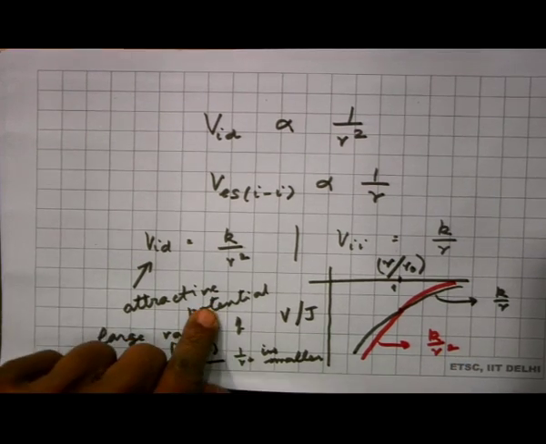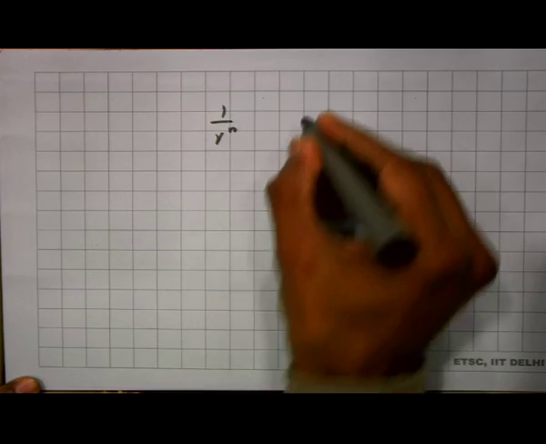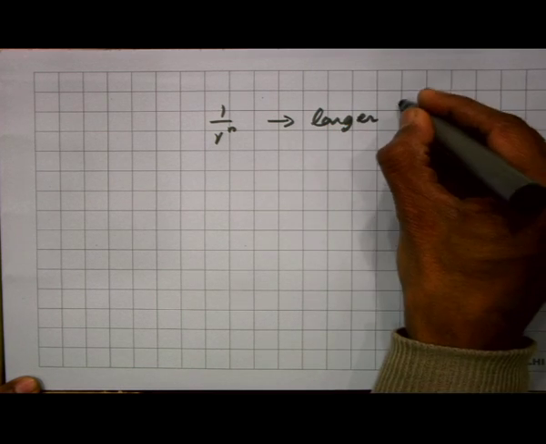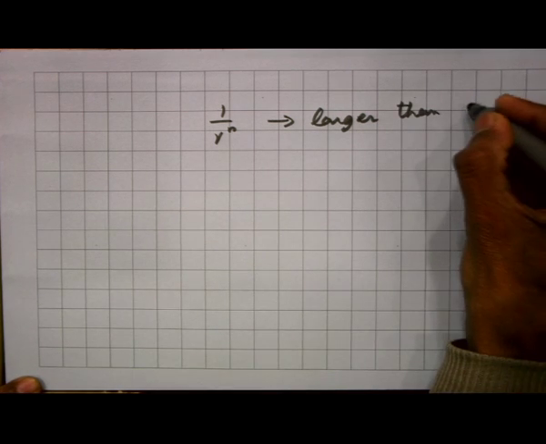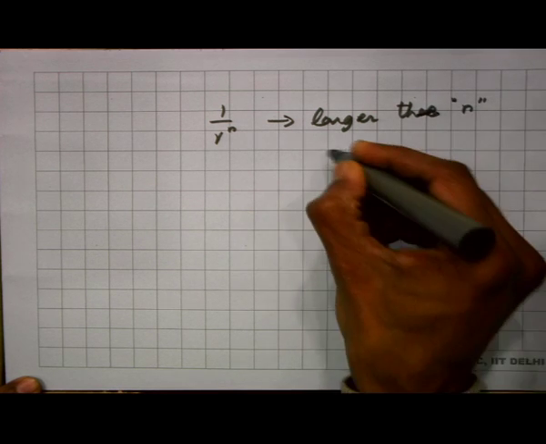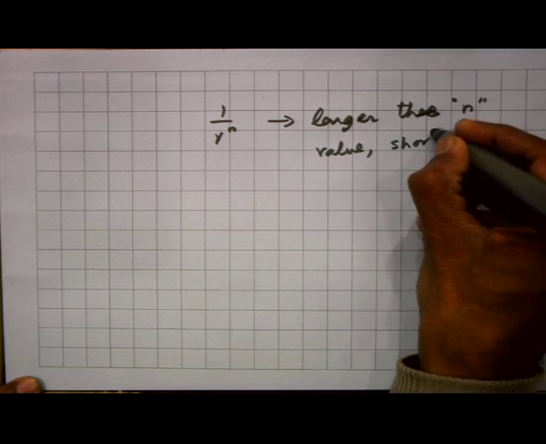And in general, you will find when you have potentials which look like 1 over r to the n, and I am looking at attractive, larger the n value, shorter is the range of the force.